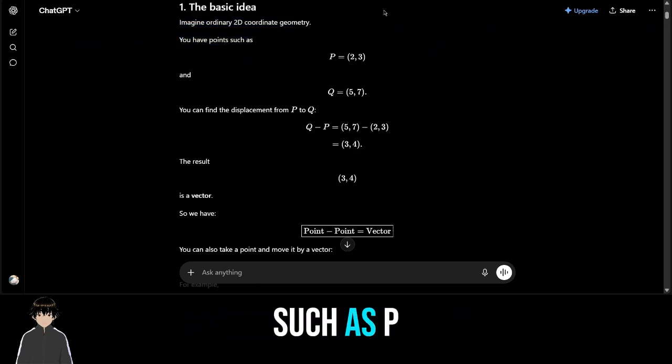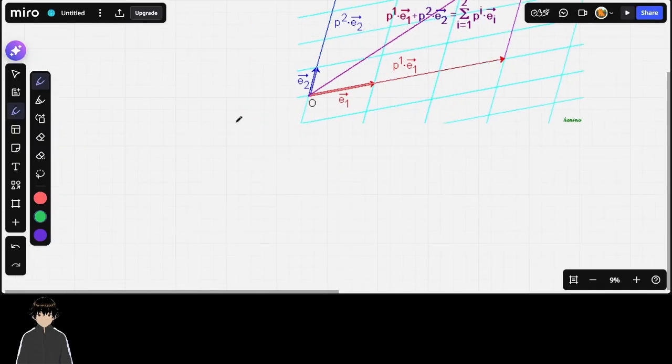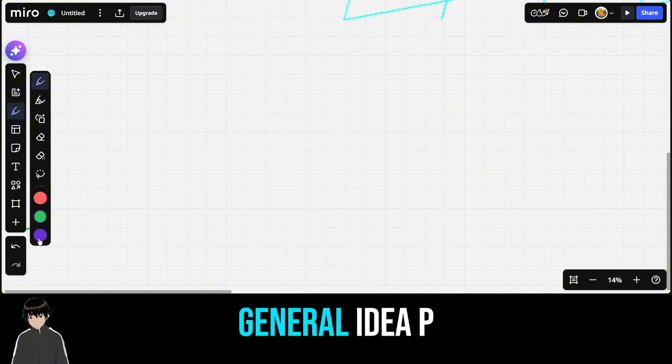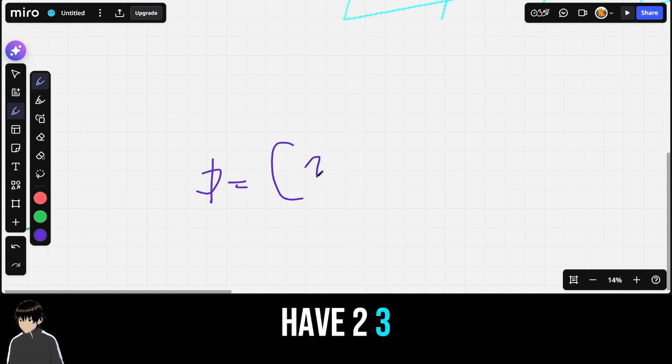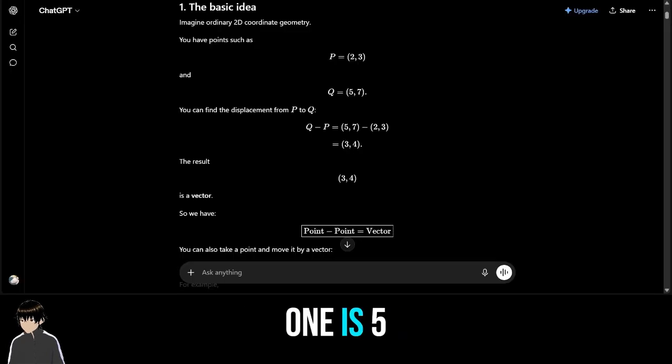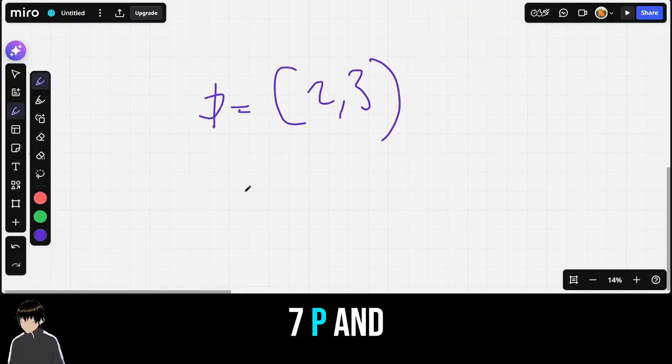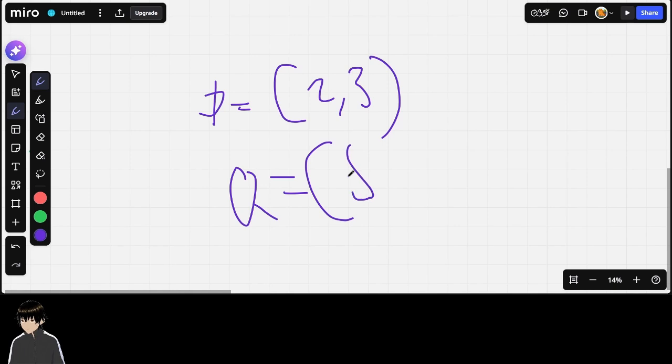You have points such as P equals 2, 3, and Q equals 5, 7.